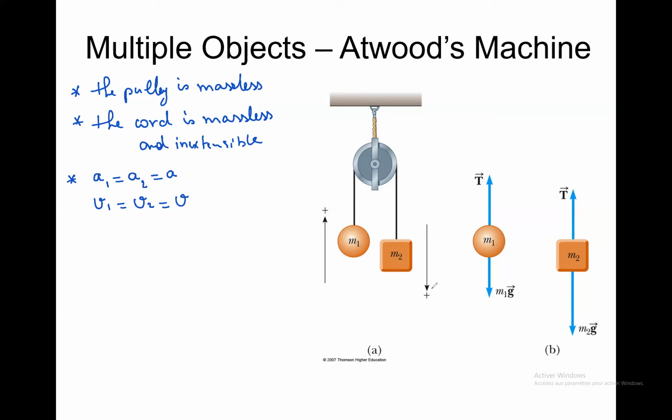So these two objects are not moving in the same direction. Here, I advise you to take each object individually. Don't apply Newton's law on the whole system. Okay, we have to take M1 alone and M2 alone, and you apply Newton's law.